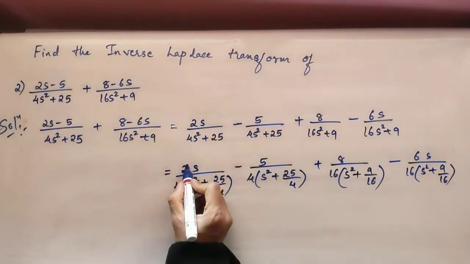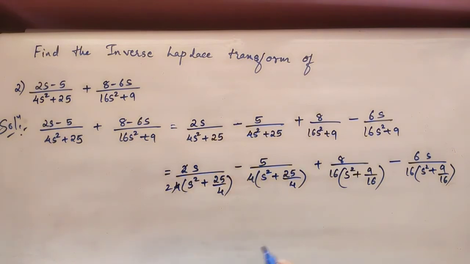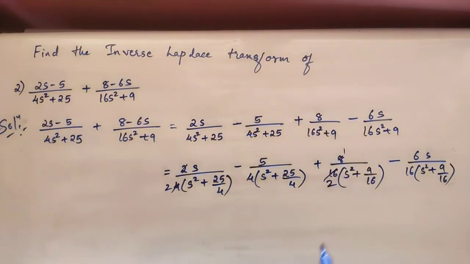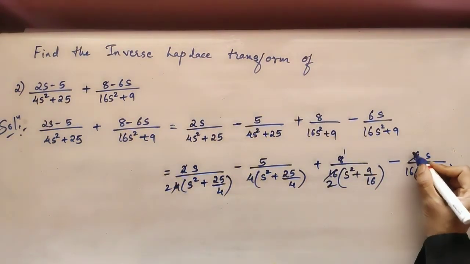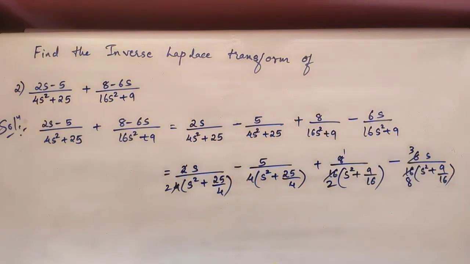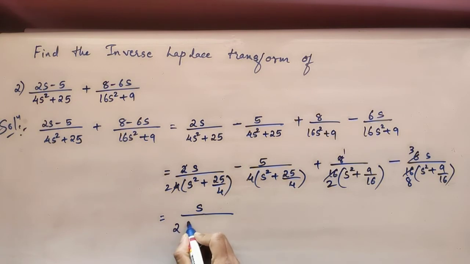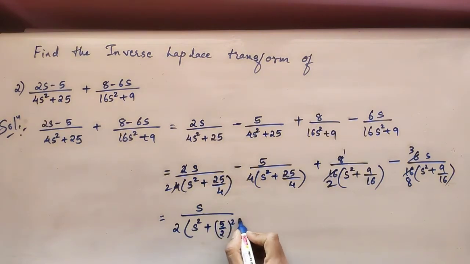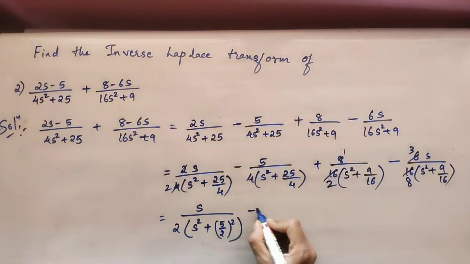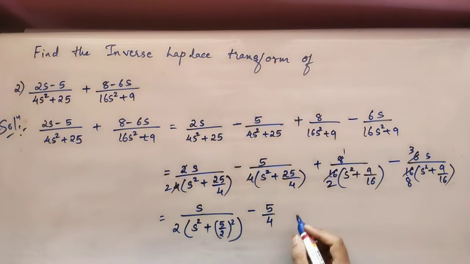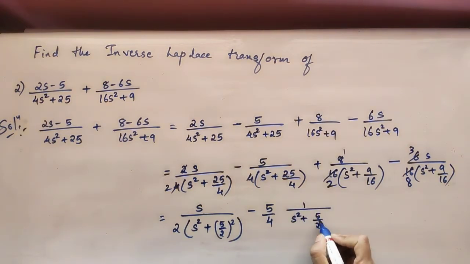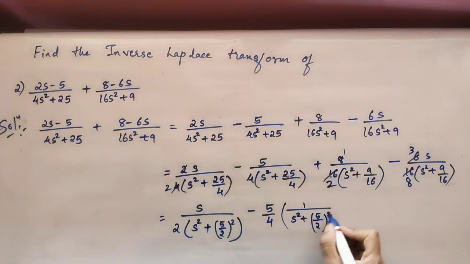Now further you can simplify this. This will be equal to s divided by 2 times, you can write it as s square plus 5 by 2 whole square, complete the bracket, minus 5 by 4 constant, 1 divided by s square plus 5 by 2 whole square.